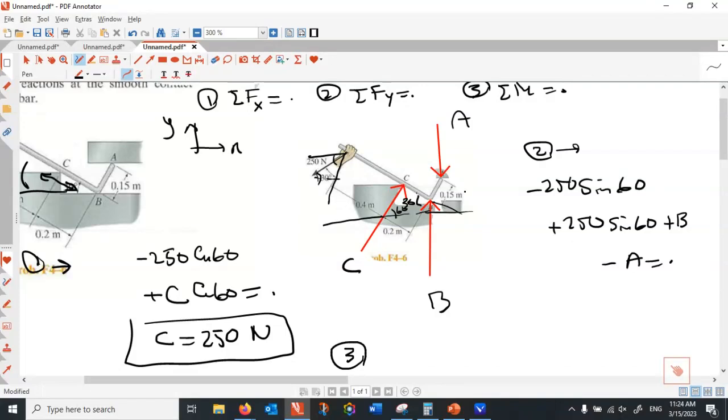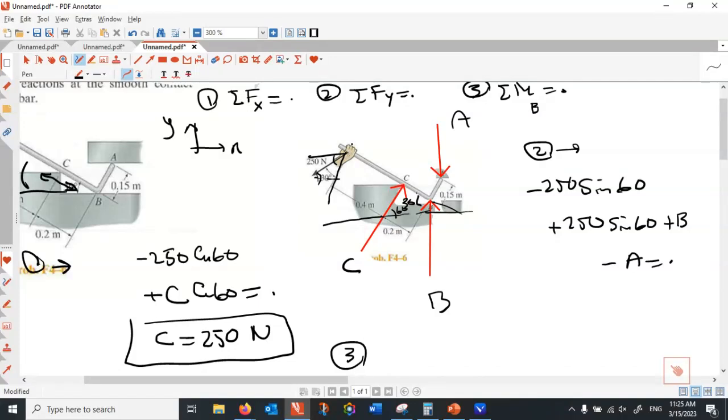Now I apply the third one by taking rotation with respect to point B. With respect to the point B, I resolve that force into two components.